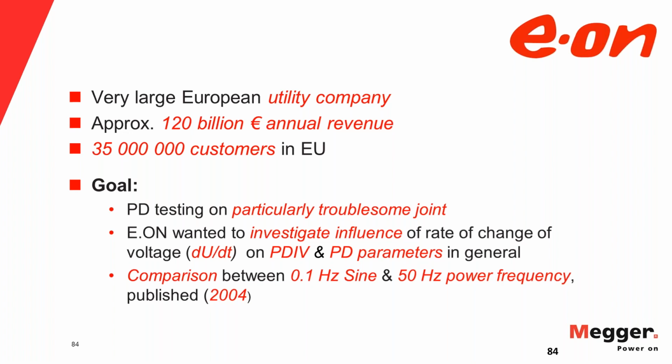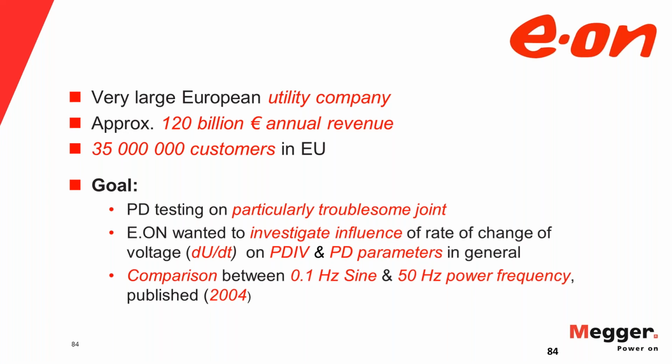And then just the last bit, that was a big thing that made big waves back in the day. Unfortunately, this case study became a little bit forgotten. The biggest utility company in Europe, E.ON, which split the company recently, so it's not this one huge company anymore, but a few years ago it was 120 billion euros annual revenue and over 35 million customers in various countries of the EU.